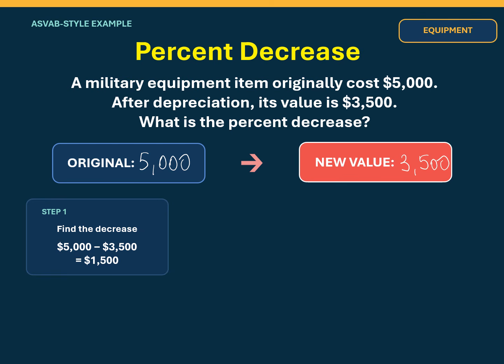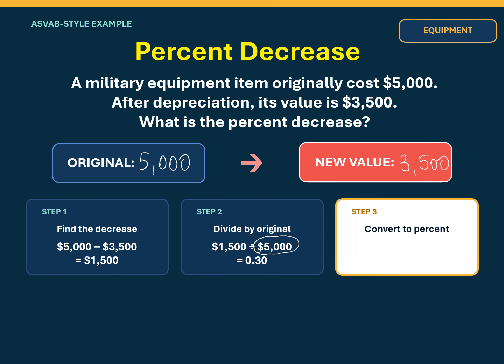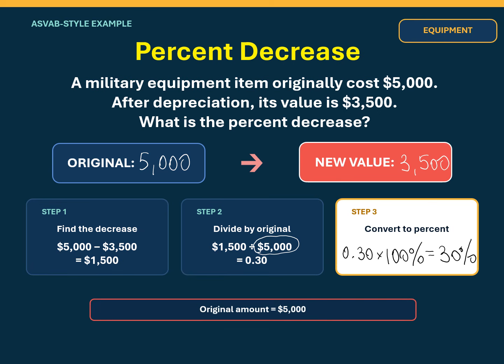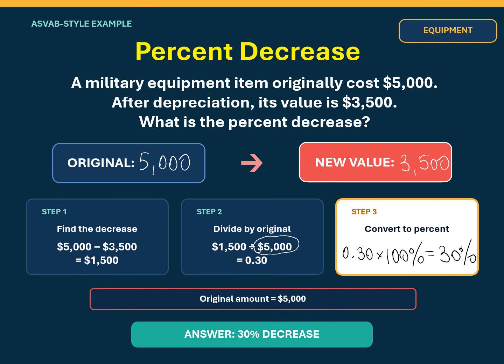The second step, divide by original amount. So 1,500 divided by original amount 5,000, we have 0.30. Last step, we need to convert to percent. So we take 0.30 multiplied by 100%. We have 30%. So the value decreased by 30%.